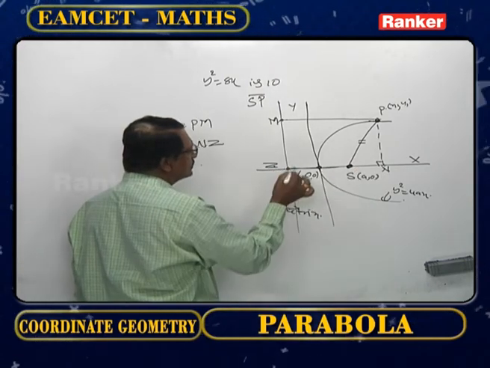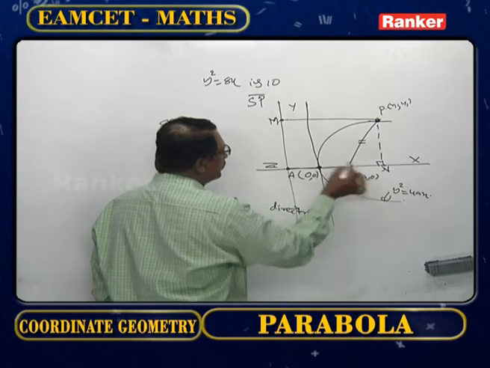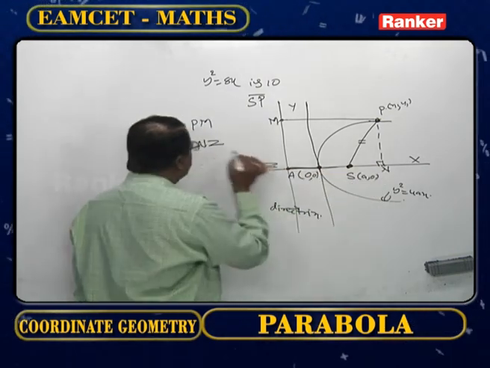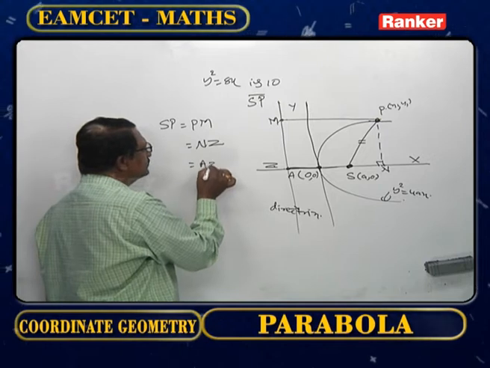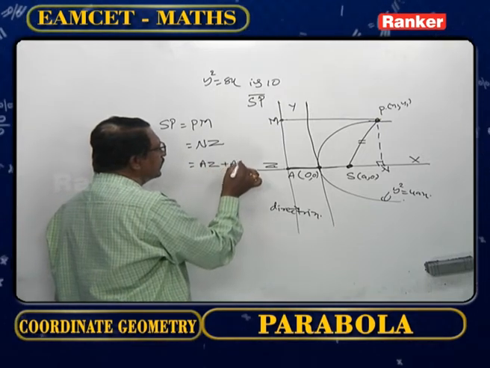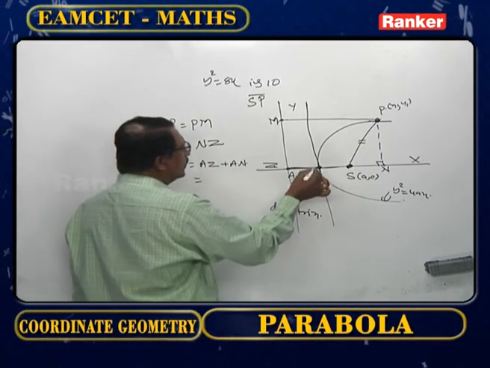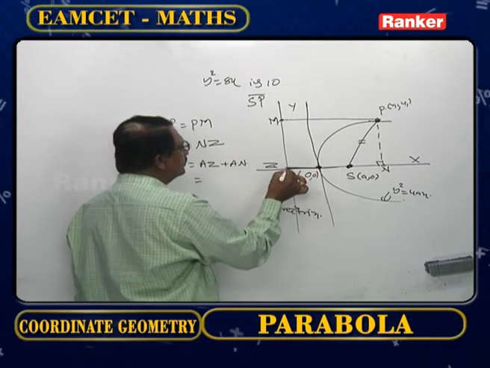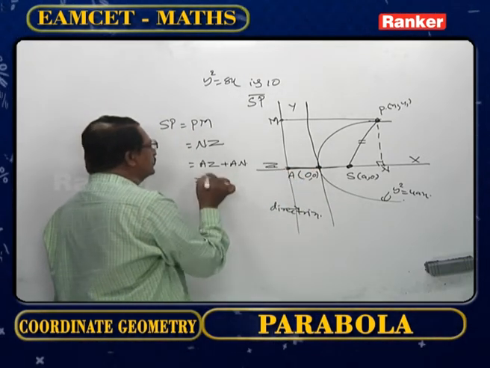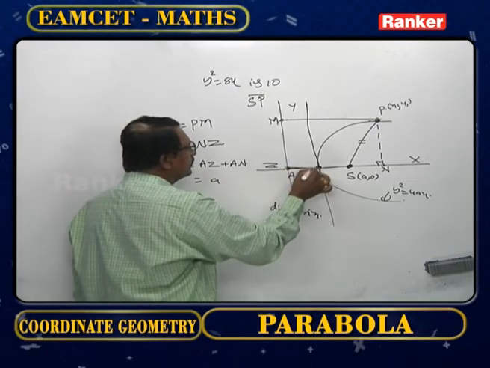NZ can be written as AZ plus AN. The distance between the vertex and the foot of the directrix Z is a units.